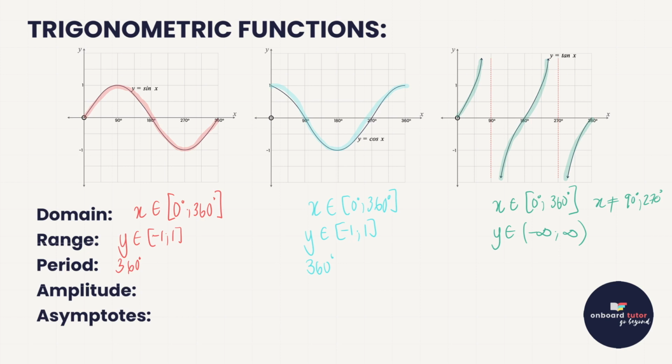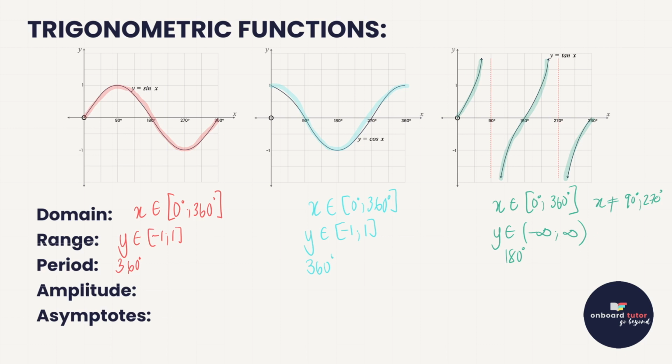I always find it easiest to look at the middle section because this is one full wave. Between 90 and 270, that's 180 degrees. So one arm going up and one arm going down is completed at 180, and then the graph starts to repeat past 180. It's a duplicate of what happened here. So the period of a tan function is 180 degrees.